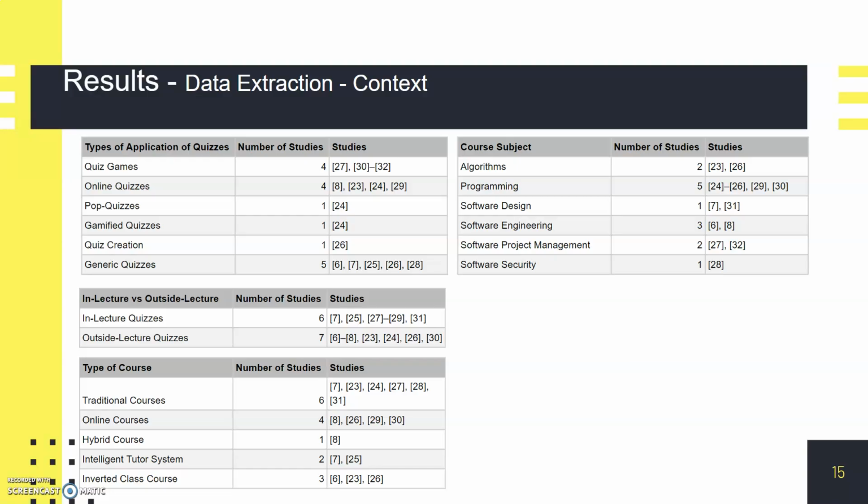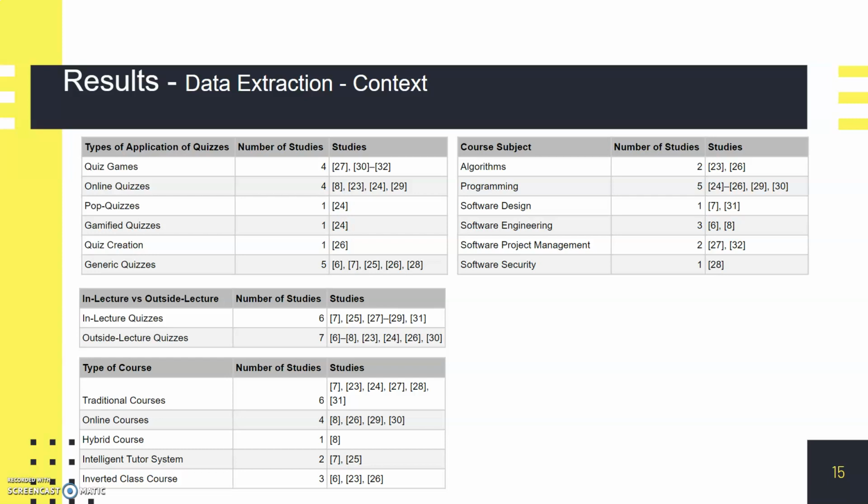In our data extraction, we identified different types of application of quizzes. We identified that there were essentially two important contexts, namely in lecture versus outside the lecture, and the type of course. Actually, it was three types of context and the course subject.